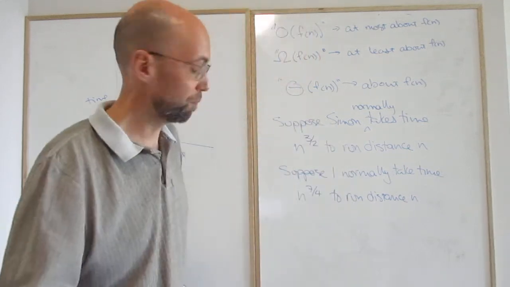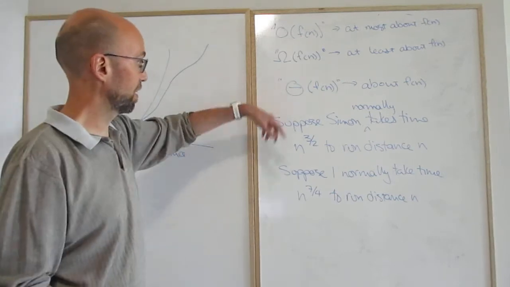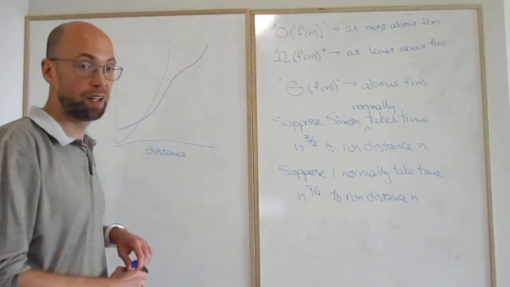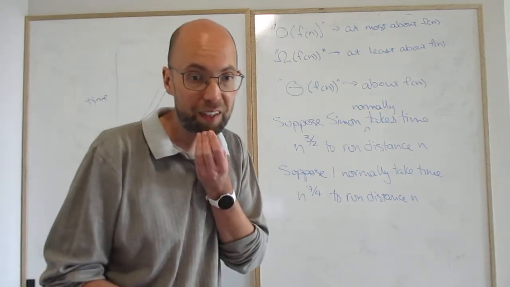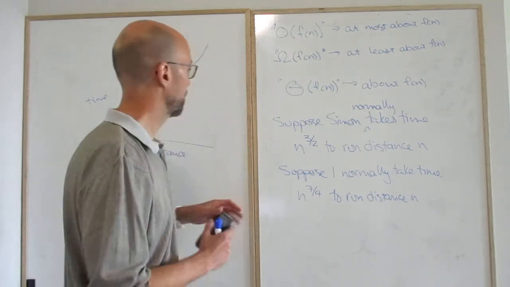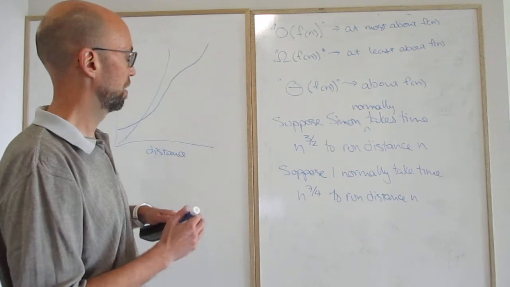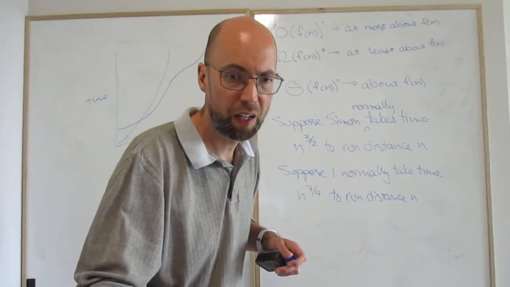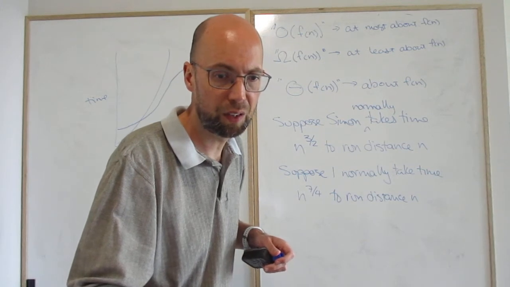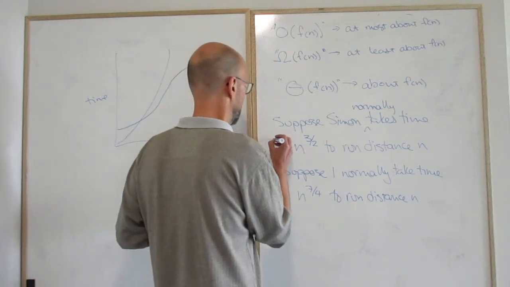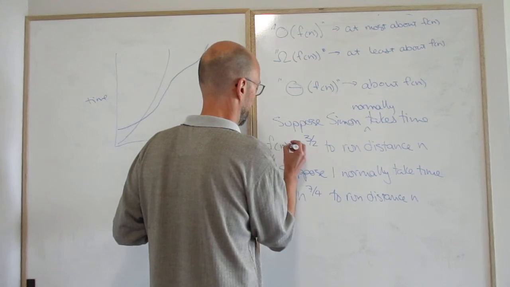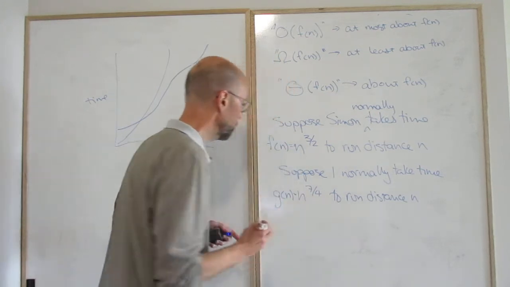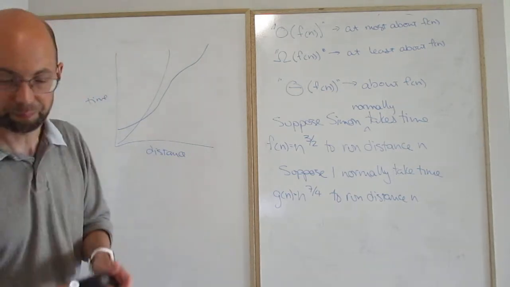All right, so one way we can say this is that Simon's time is f of n, and my time is g of n.